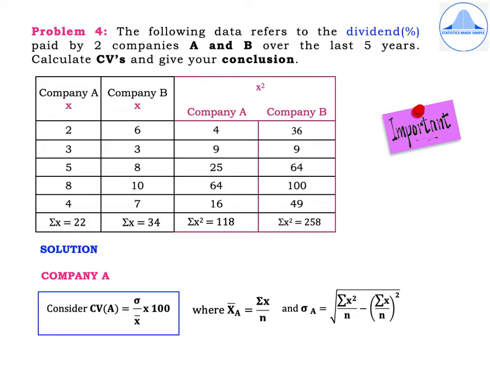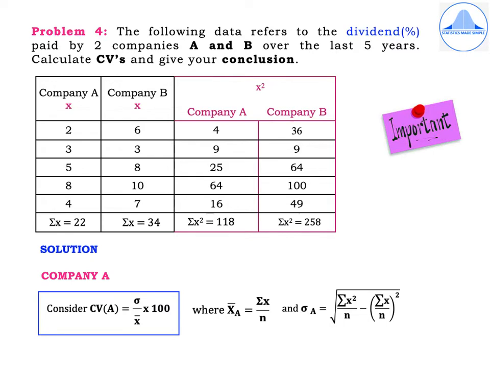Now since only raw data is given for both company A and company B, our x bar A will have the formula summation x divided by small n, and sigma A will be root of summation x squared by n minus summation x by n the whole square.